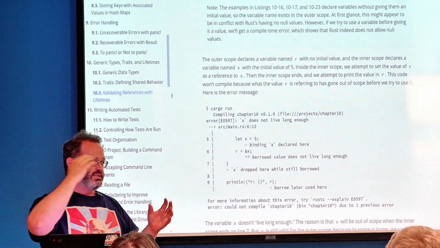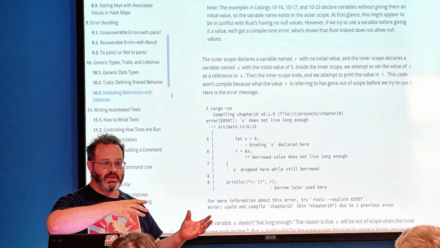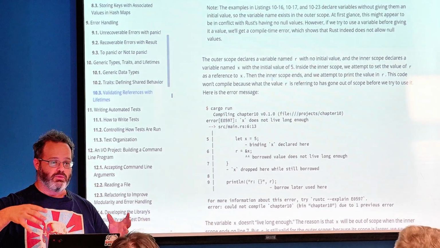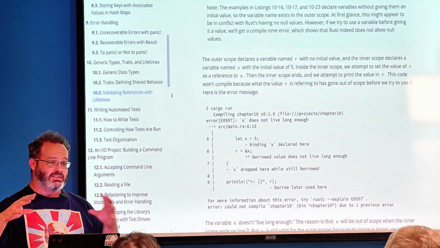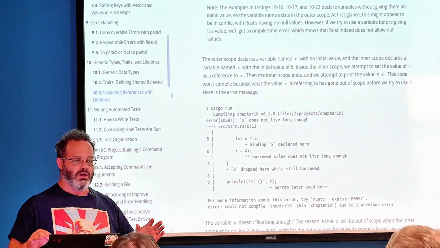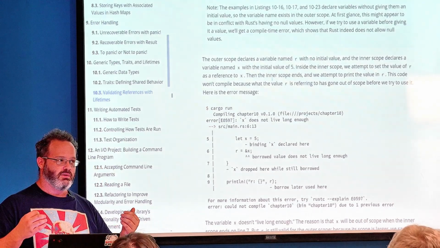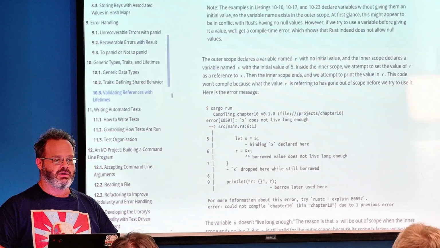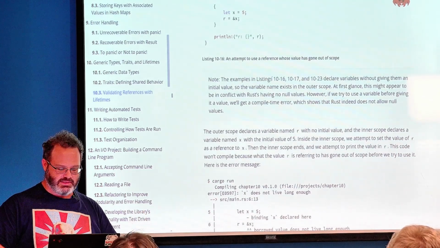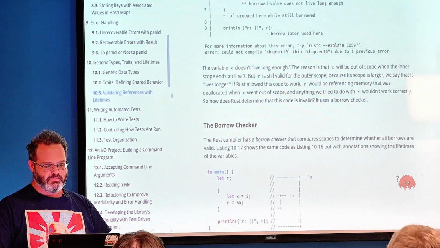I know this is the generic lifetime, and it must be more than this lifetime. This lifetime must be more than this other lifetime. That's how Rust thinks about things. And because Rust thinks about things like that, we don't have to tell Rust what lines our lifetimes are, right?